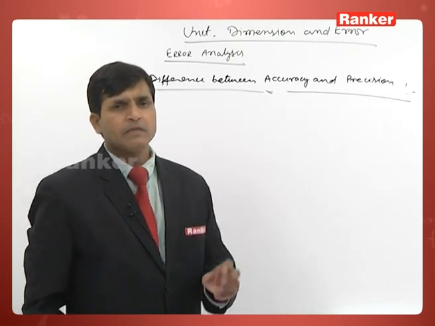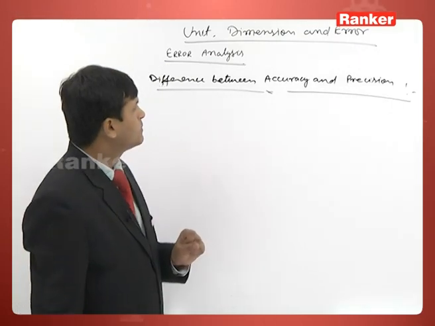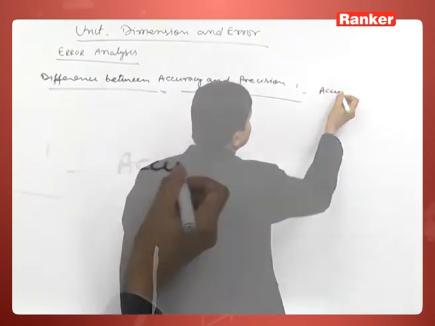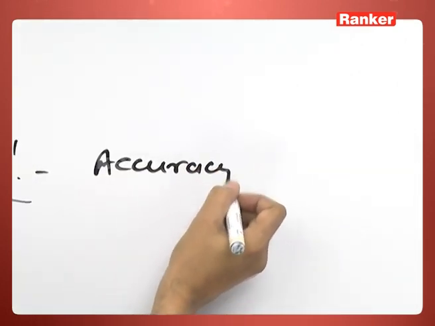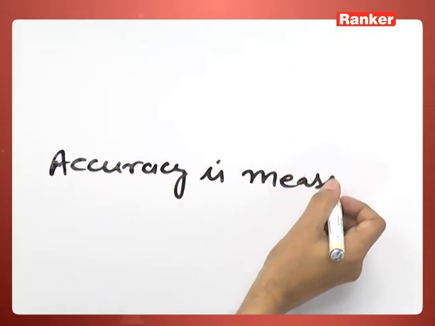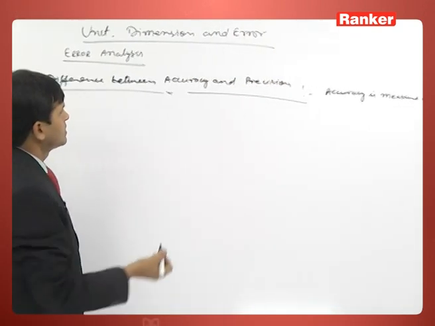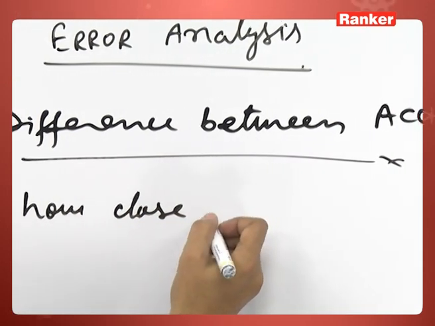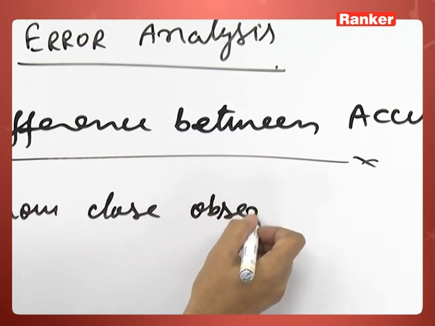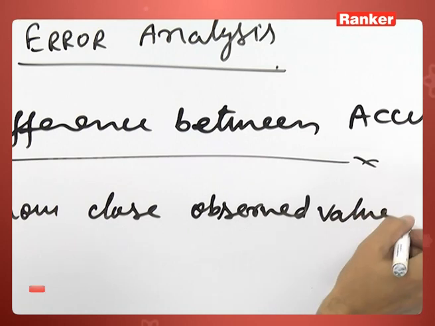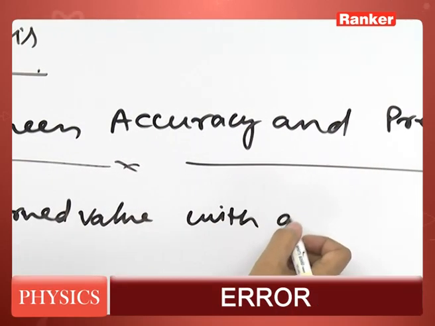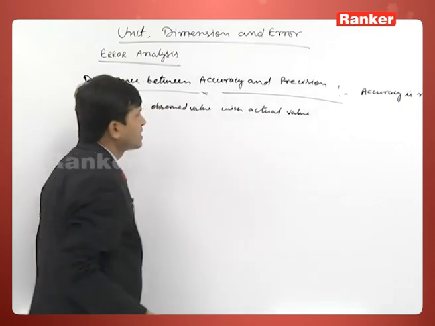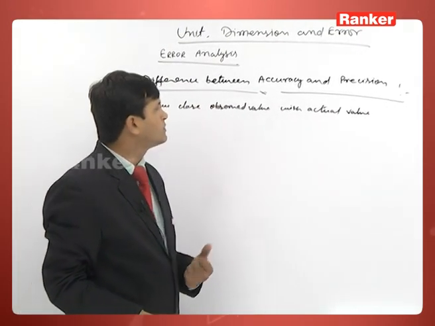Accuracy is the measure of how close our observed value is to the actual value, or to the actual reading.